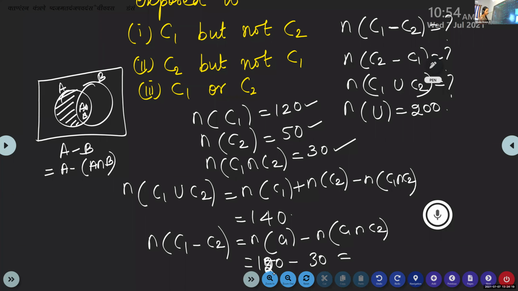N of C1 is 120. So 120 minus 30. So we'll get 90. Same way, find out what is N of C2 minus C1. Use the same way and find out.